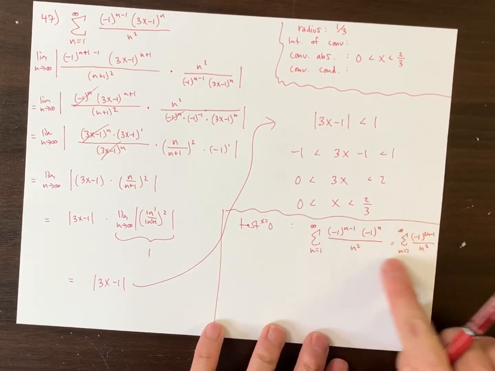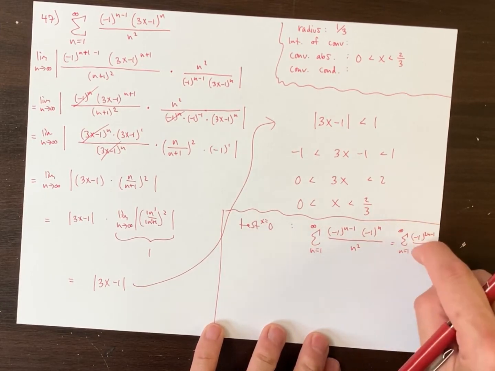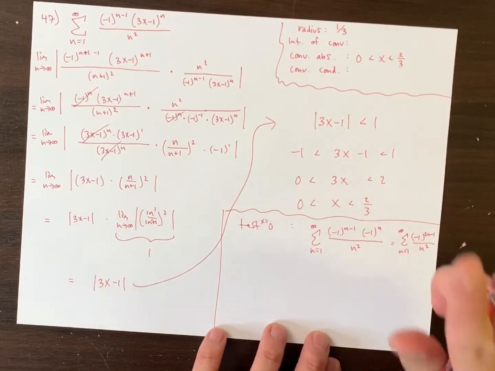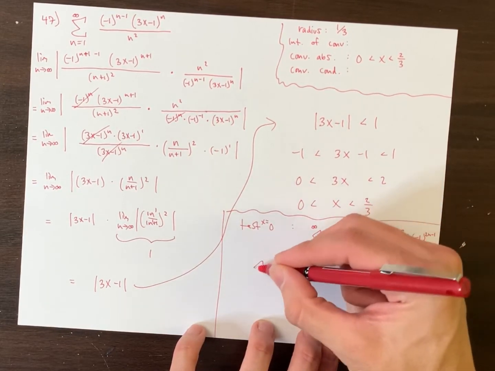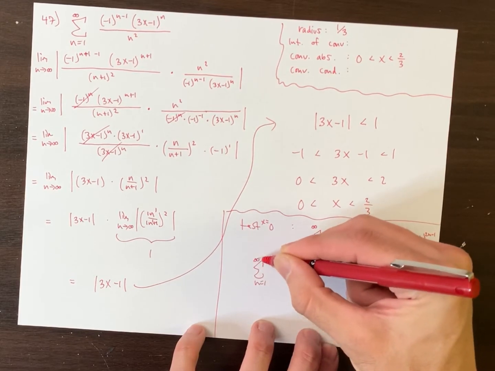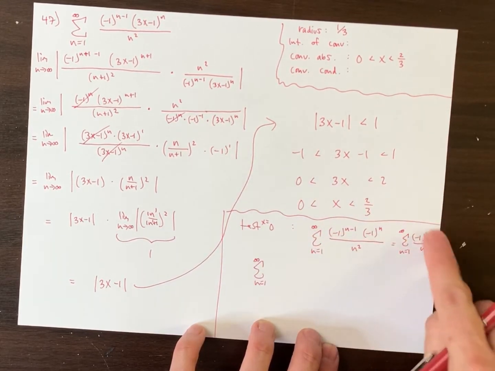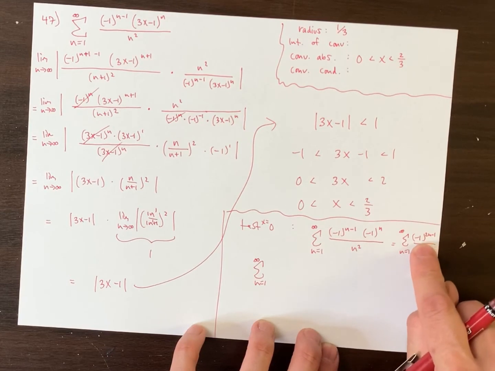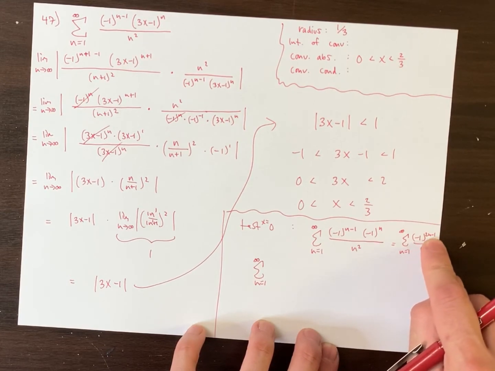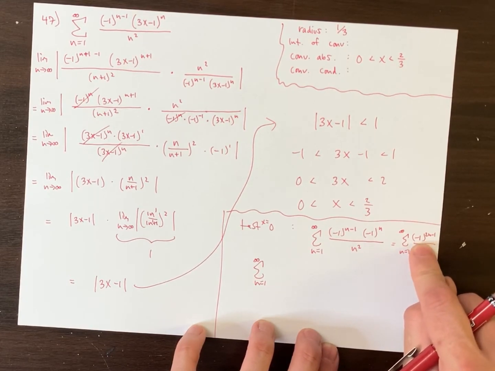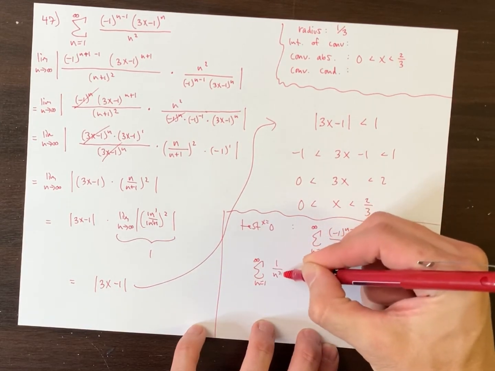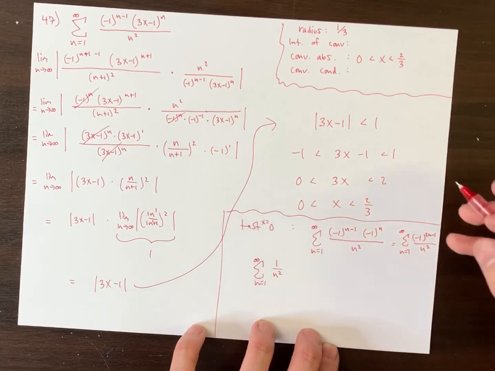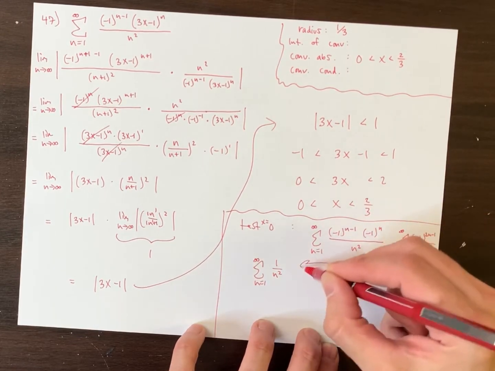So I have to know if this series converges or diverges. But remember one thing. If you want to know if a series converges or diverges, take the absolute value of it. So if I take the absolute value of this, negative 1 to this power, if I take the absolute value of negative 1, it becomes 1. So it's just 1 over n squared. So I took the absolute value of this, and it led to that.